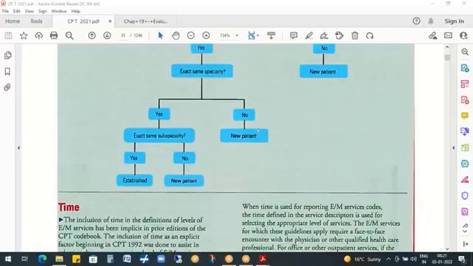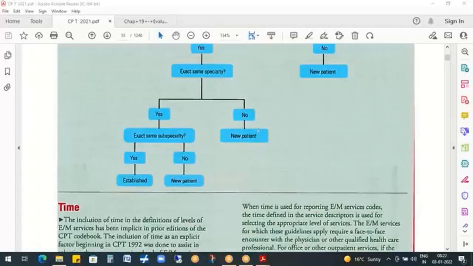Okay, now you can see here. Previously, he came to the cardiology department. Yes or no? This time also he is in the cardiology department. That means the specialty became the same or not? Yes.